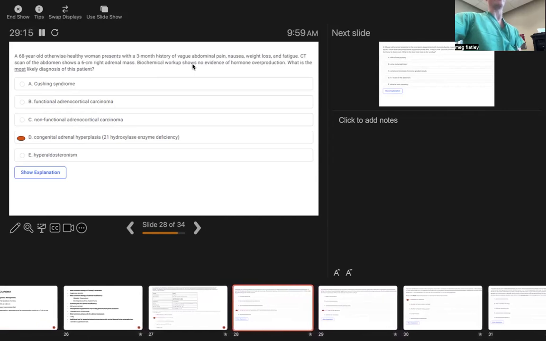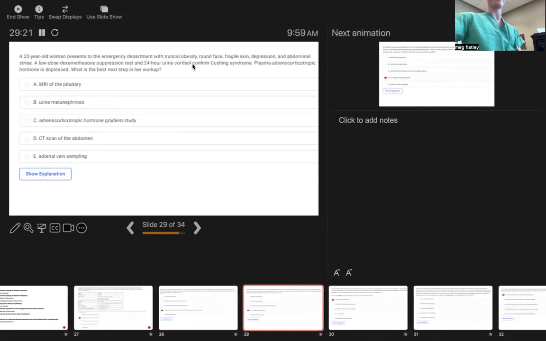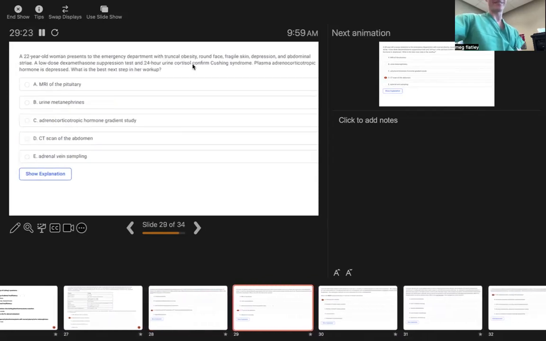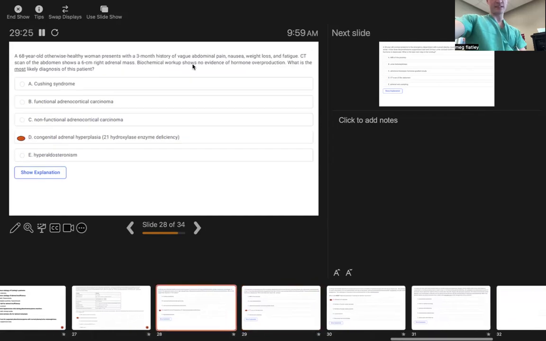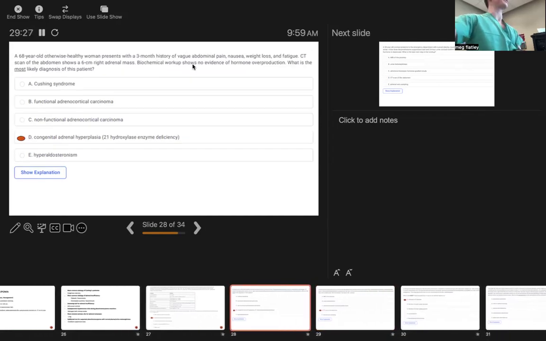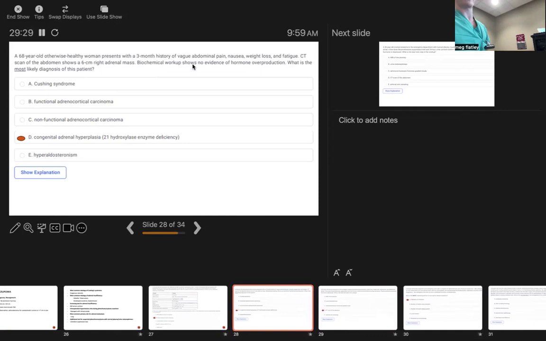That should say C. Yeah, my bad. So it's actually C. It's because it's a large mass, 6 centimeters, and she has no obvious weight loss other than the kind of B symptoms. It should be a non-functional adrenal cortical carcinoma.